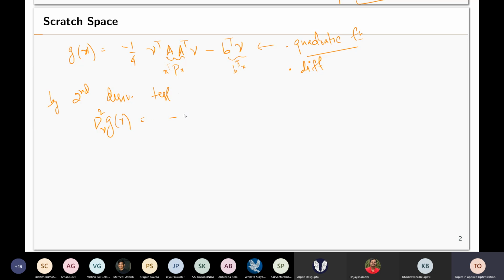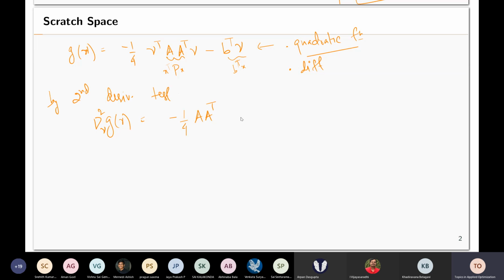will be just minus 1 over 4, and we will be left with A A transpose, right? Is this negative definite? If you have to prove that this is concave, then we have to prove that this is negative semidefinite.